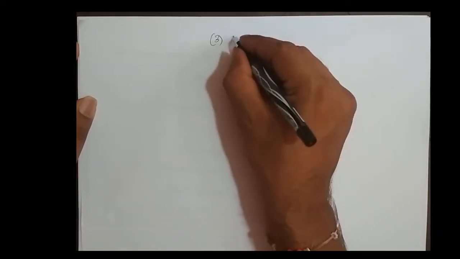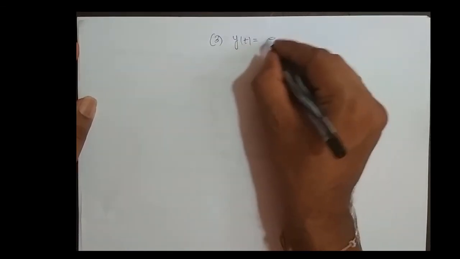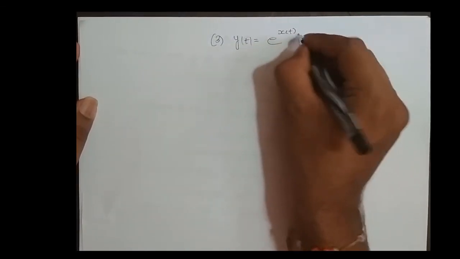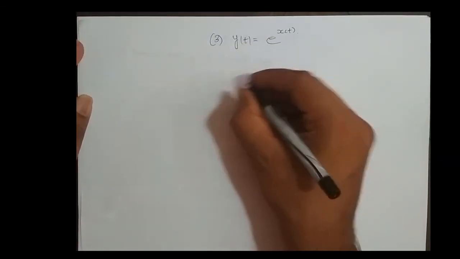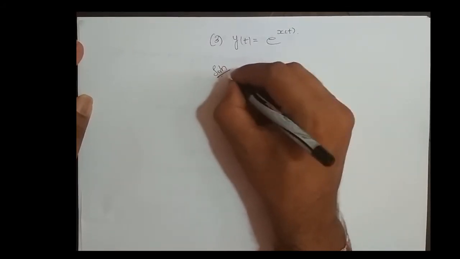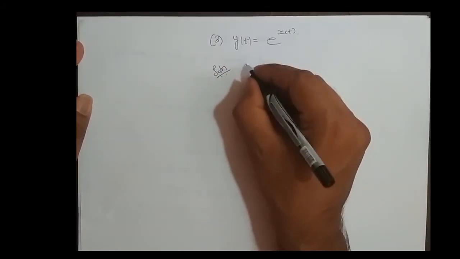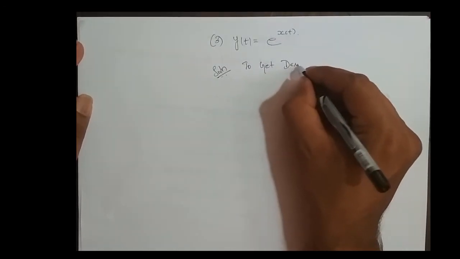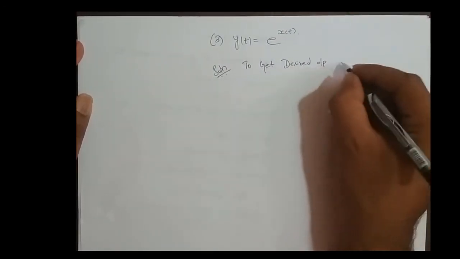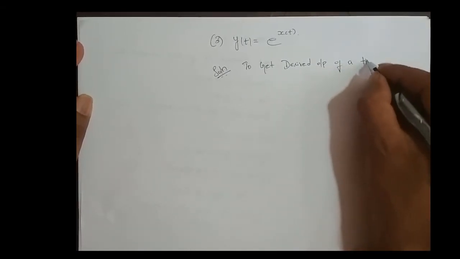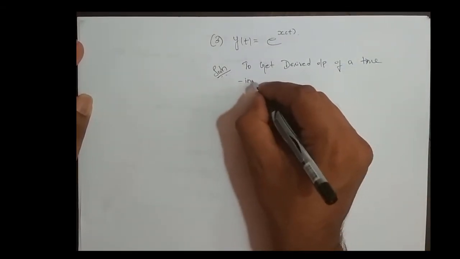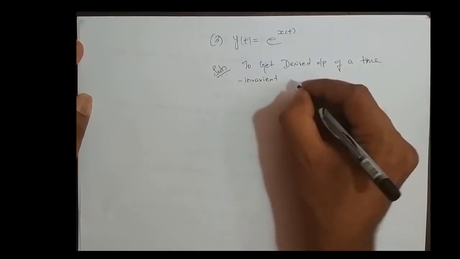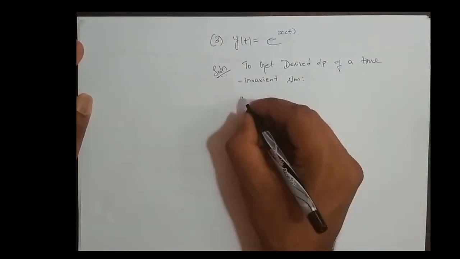We will take up one more problem. This time y of t is equal to e power x of t. Okay, so solution. First we have to get the desired output of a time invariant system. So how do we get it?